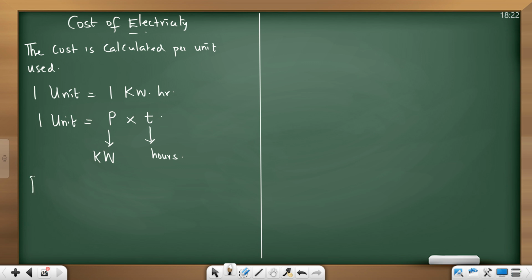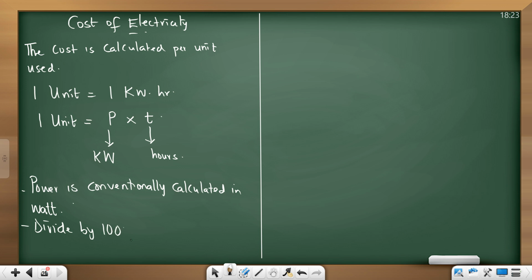Usually when you calculate power, power is conventionally calculated in watts. Then you divide by what? 1,000 to convert to kilowatts.